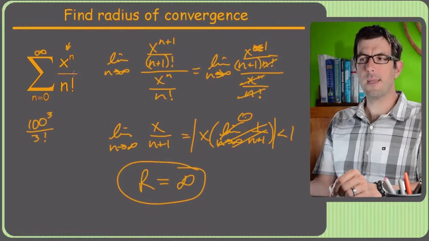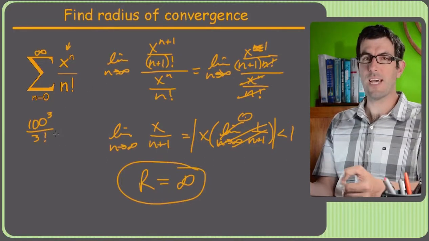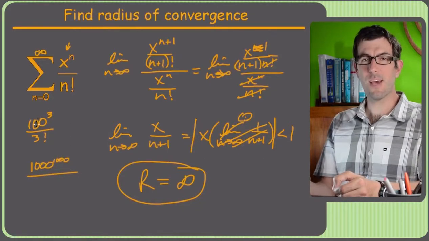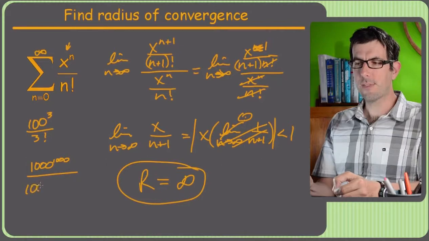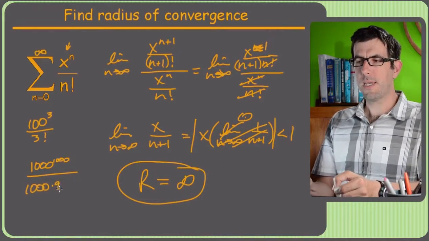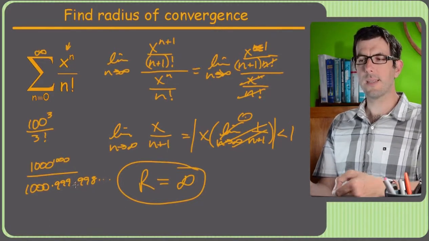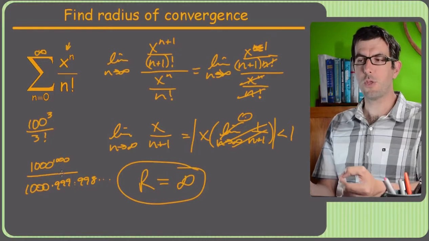But once you get up to n's on the order of 1,000, then we've got 1,000 to the 1,000, which looks pretty bad, except downstairs you've got 1,000 factorial. So that's 1,000 times 999 times 998 forever. And you can start seeing how this denominator is getting into the ballpark of size that the numerator is.